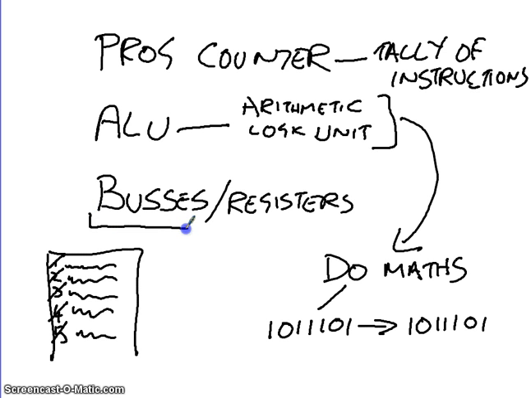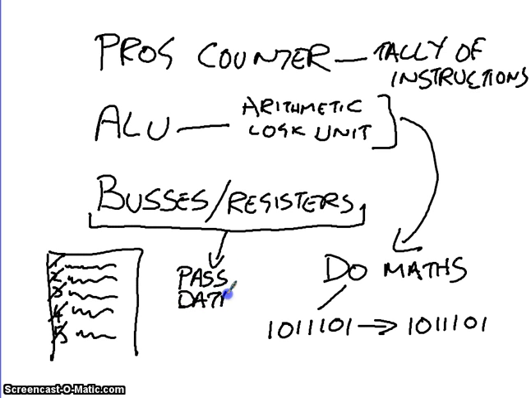Now the job of these two guys, buses and registers, are to pass data. Okay, and when you're passing data around, the bus passes the data, the register stores the data. Okay? Now, when we talk about registers, there are two main types.